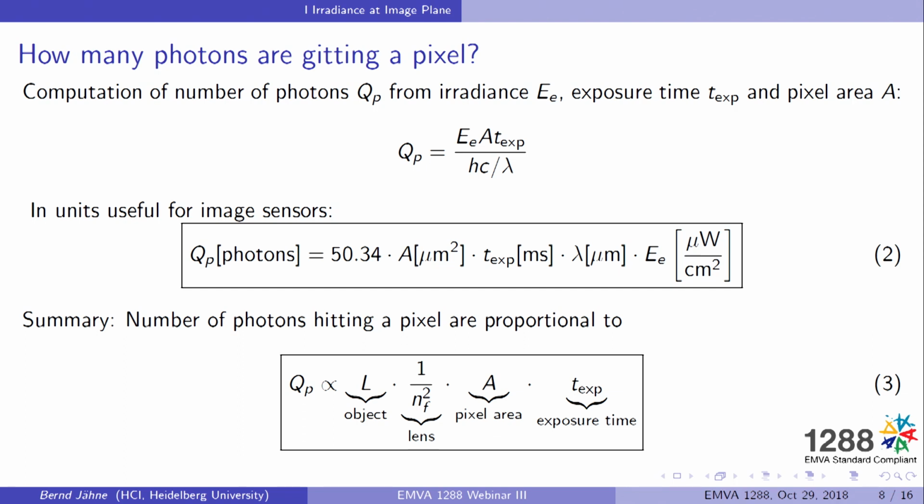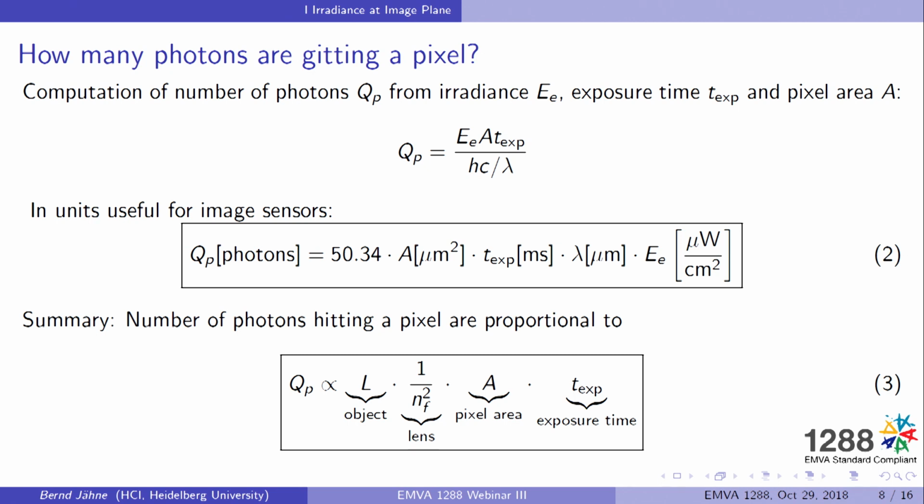In units which are quite useful actually for image sensors, I have written it down here, so I assume an irradiance in the order of microwatts per square meter. Then I have to multiply it with the wavelength in micrometers, with the exposure time in milliseconds.